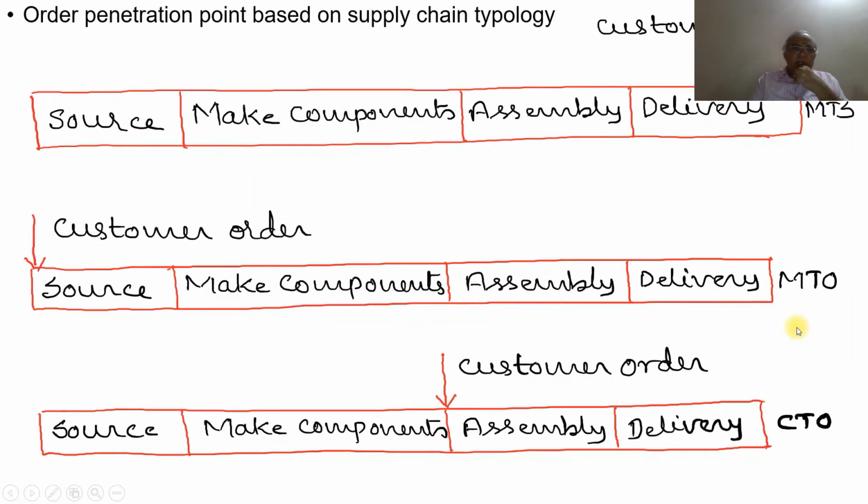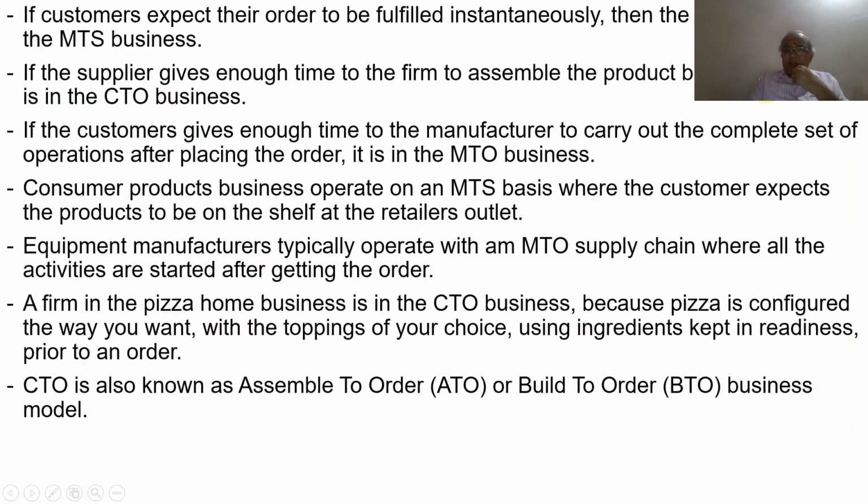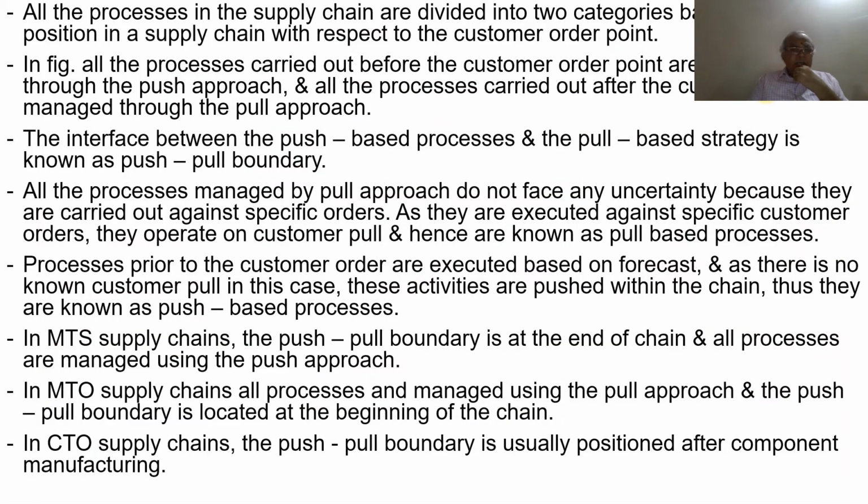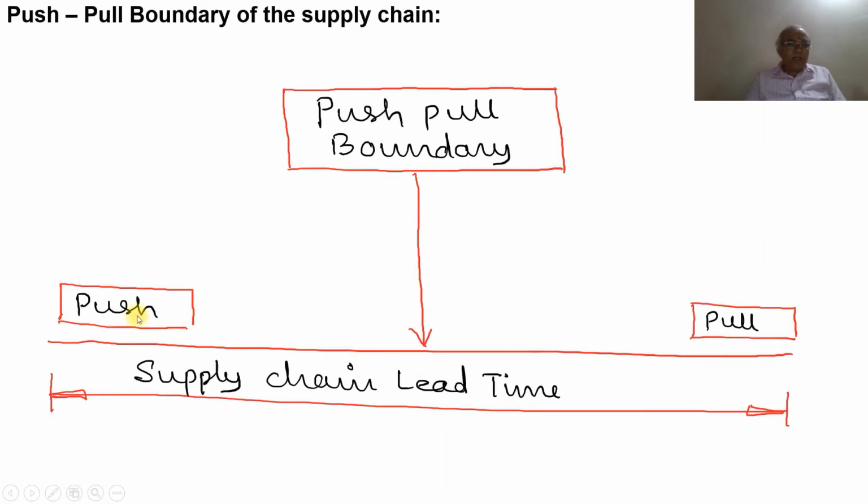If you see from here also, in make-to-stock the customer order is at the end of the chain, so once the customer gives the order, immediately the material is delivered to the customer. So in MTS the push-pull boundary is at the end of the chain, and all the processes are managed using the push approach. Where is the push approach? From here it starts and comes to this, so it will be made using the push approach.